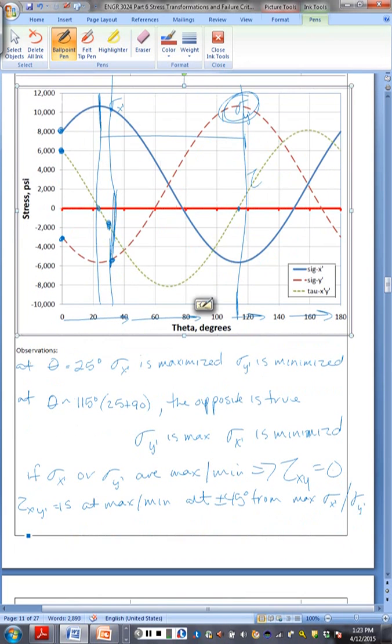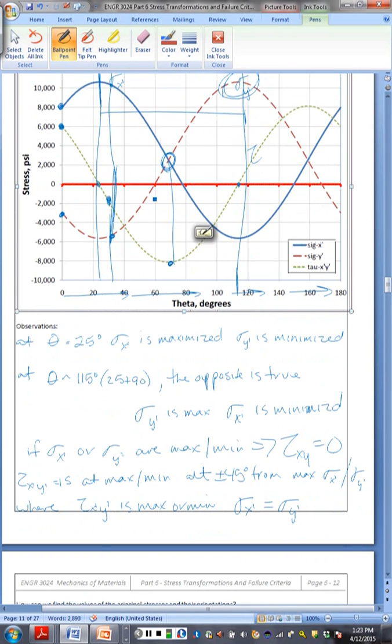And where you have maximum or minimum shear, that corresponds, so if we look here, where the shear stress is at a minimum, that corresponds to the x and y normal stresses being equal.